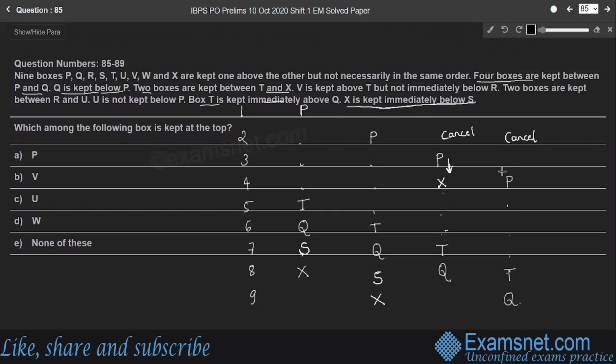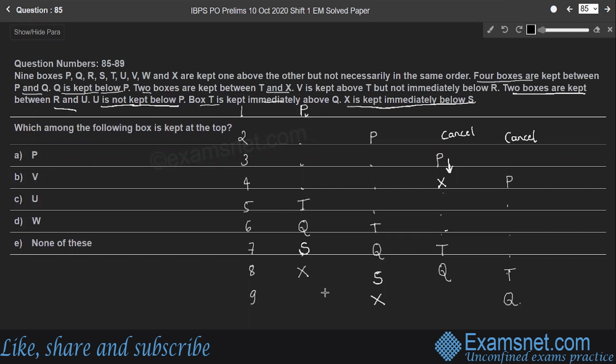The next point is, two boxes are kept between R and U, right? And U is not kept below P. This is important here. U is not kept below P. In the first case, all boxes are kept below P, right?